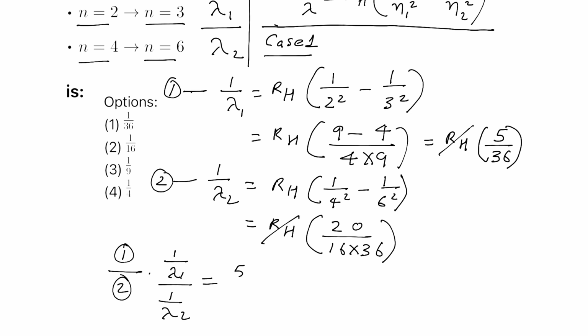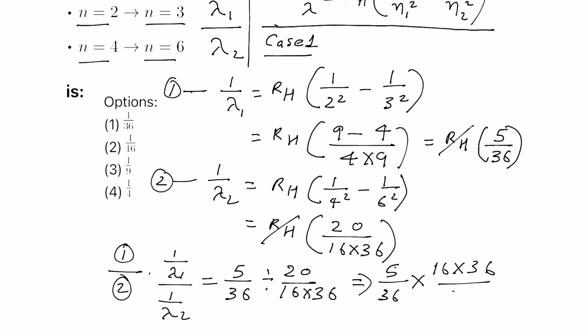So what is left? 5 by 36 divided by 20 by 16 into 36. Actually, you can skip this step. You can directly multiply it, taking the reciprocal. For understanding, I am doing it like this. Now 36 cancels, 5 and 20 cancel, 16 and 4 you can cancel, you will get 4.